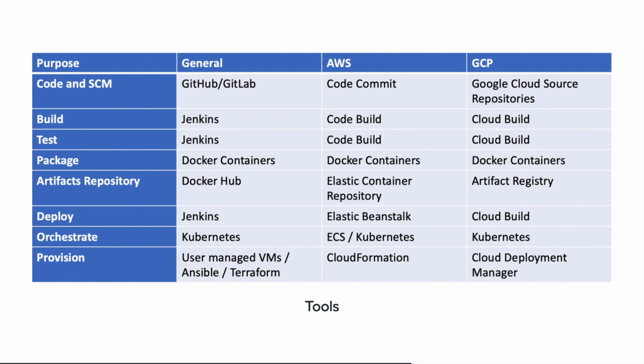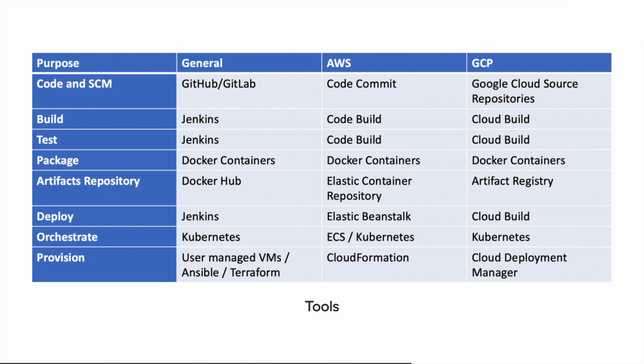These are some of the tools that are used widely in organizations that do software development. For code, we use GitHub and GitLab, and for build, test, and deploy, we usually use Jenkins, which is an open source tool for a CI/CD platform. For packaging an application, we use Docker containers, and to store those artifacts, we use something called Docker Hub.